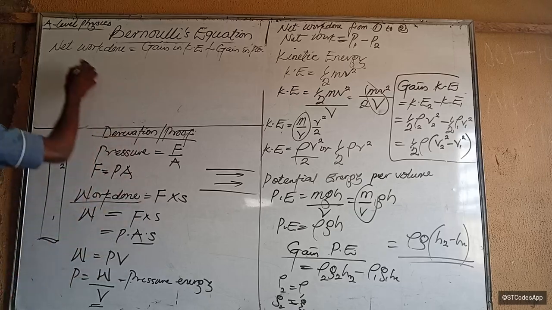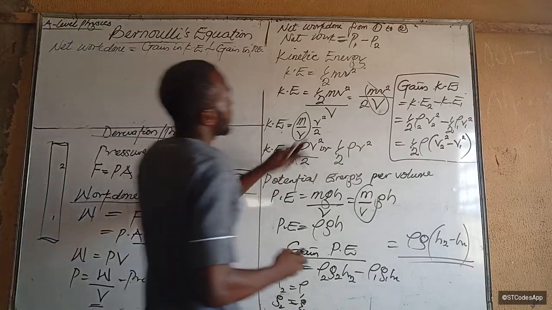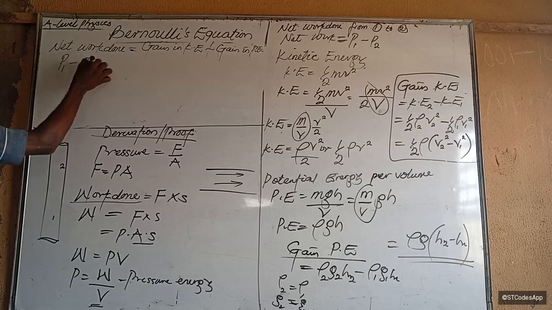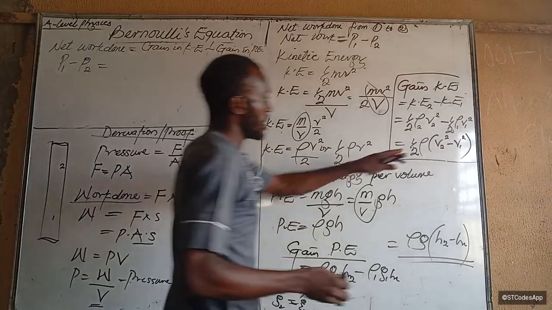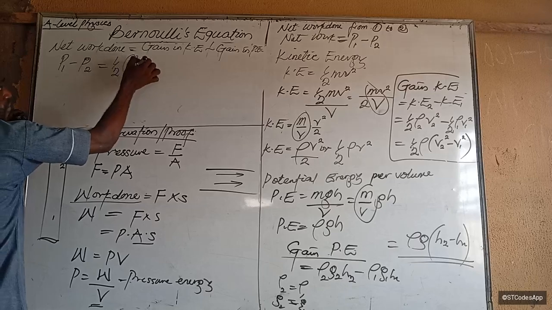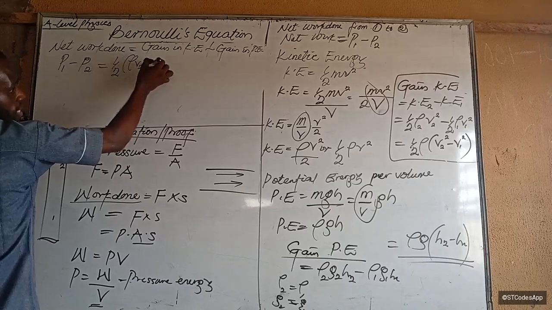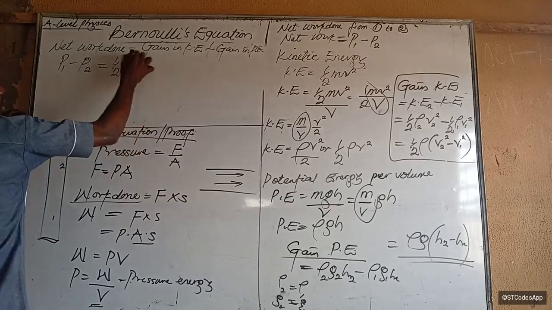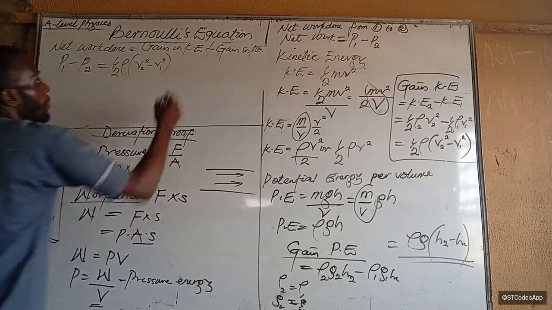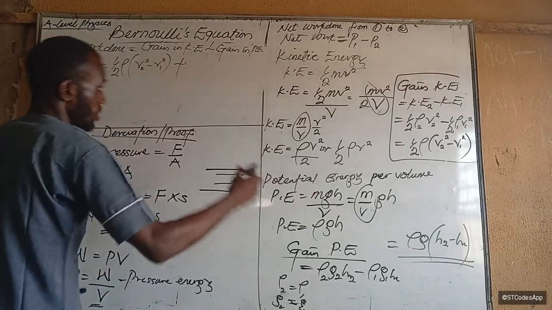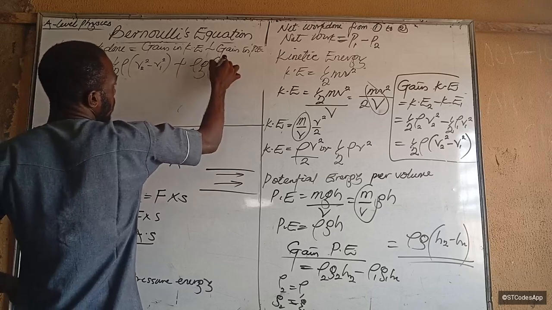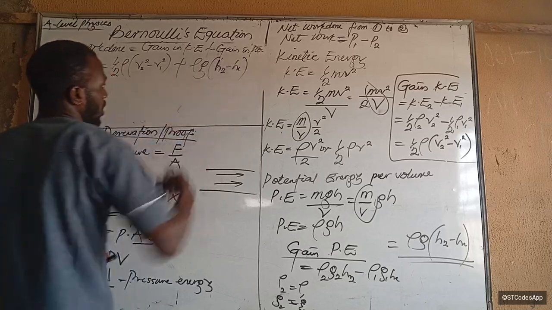So if this is the case, what is the net work done? Net work done is P1 minus P2. So we have P1 minus P2 is equal to, what is the gain in kinetic energy? That is this expression, which is half rho into bracket V2 squared minus V1 squared. Plus, what is the gain in potential energy? That guy, rho g, h2 minus h1.